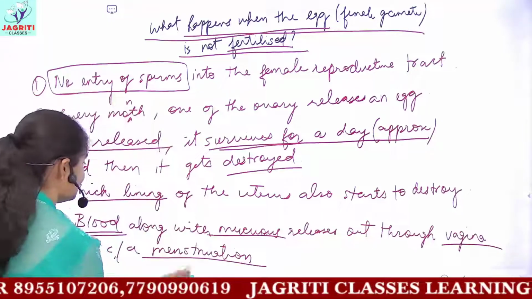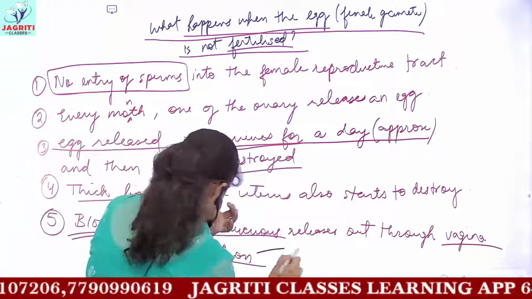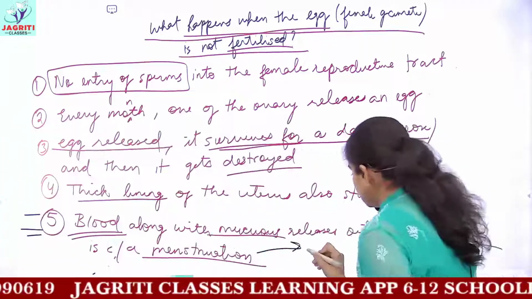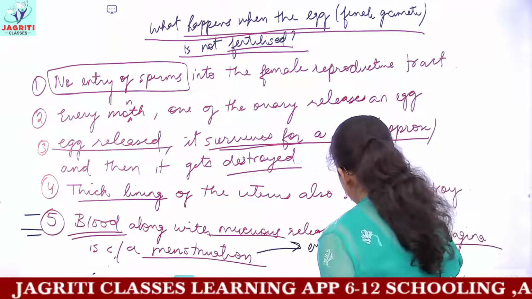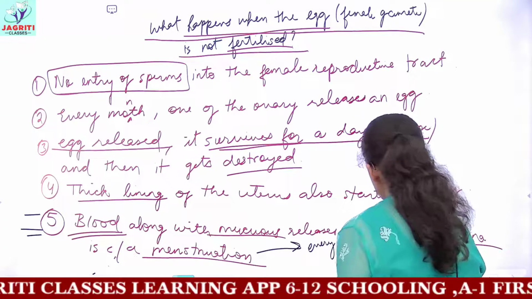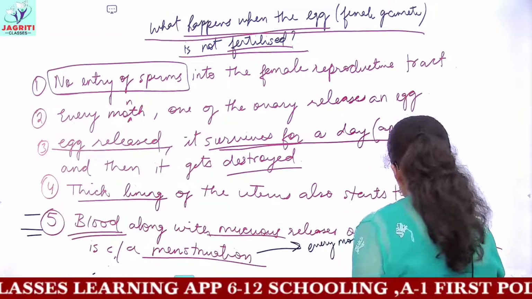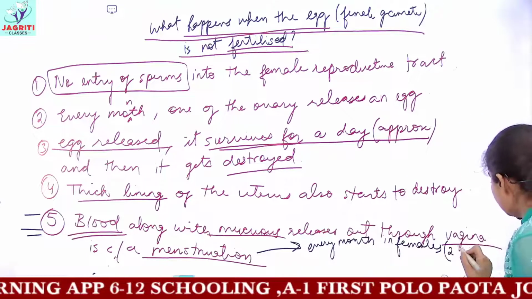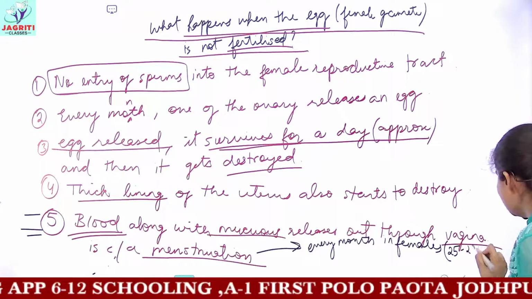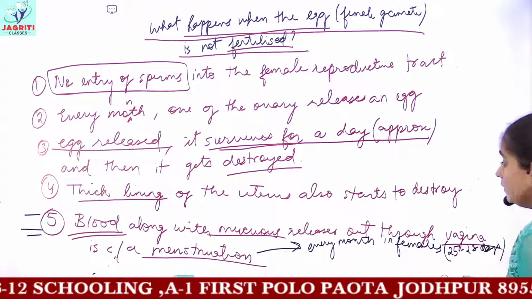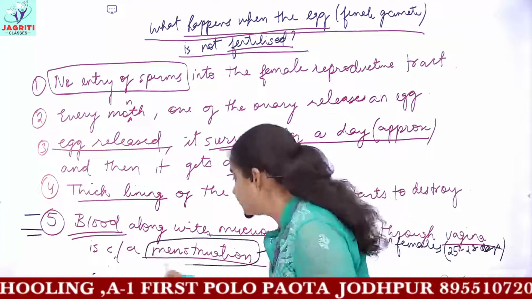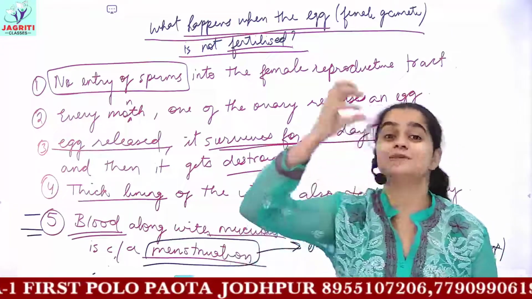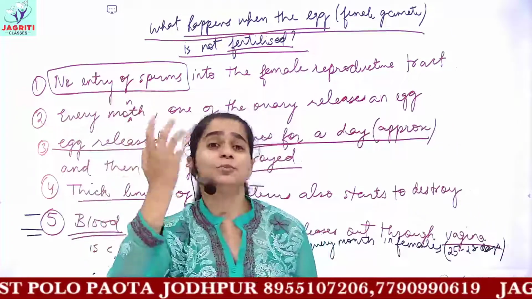And then there are some facts which you have to remember about menstruation. The first fact would be that menstruation occurs every month in females. Okay? So this cycle occurs every month in females, that is after every 25 to 28 days, females undergo a process of menstruation, because every single month one mature egg is released by the ovary. There would be two conditions.